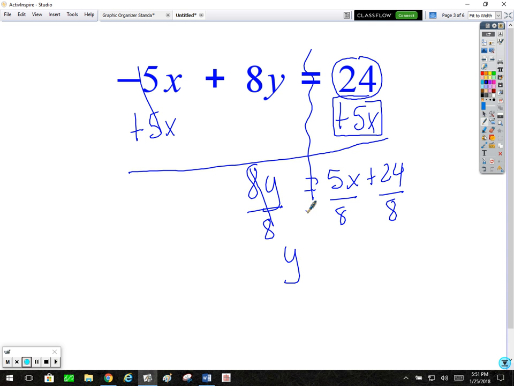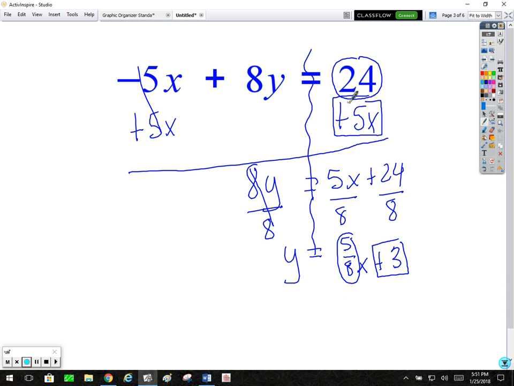I'm left with y is equal to 5 over 8, which cannot be reduced, so we just write it down, 5 over 8x. Both of those are positive, so this stays positive. Here, 24 divided by 8 is 3, and a positive divided by a positive is a positive. So here is my y-intercept, and here's my slope.